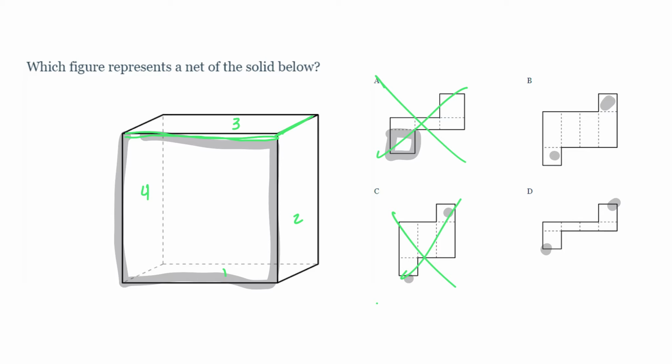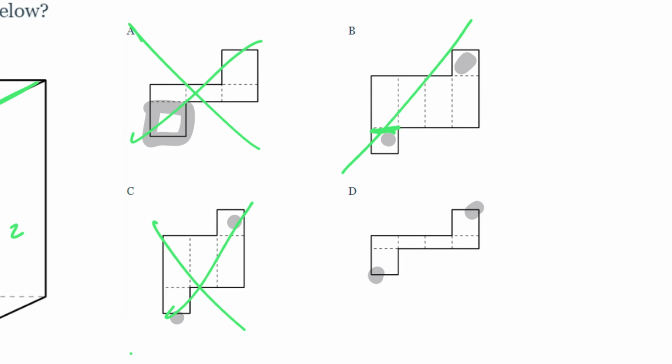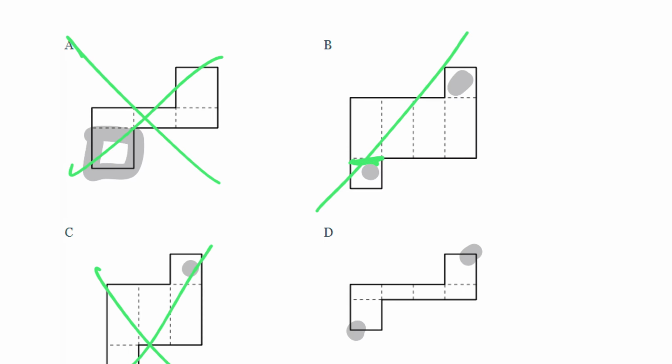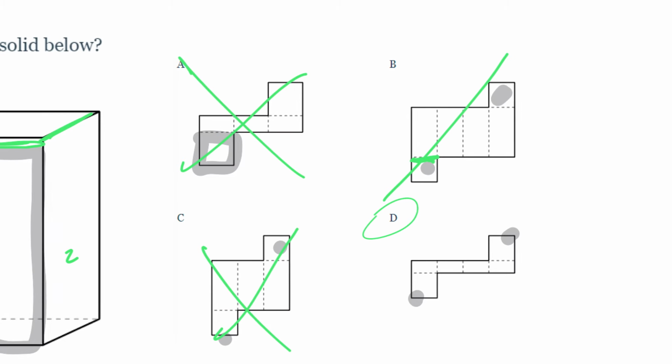On our figure right here, you can see the small edge of the rectangle is running into the square. We need the small edge to run into the other rectangles. We need the large edge to touch the squares, excuse me. So B is not what we're looking for because the large edge of the rectangle is touching more rectangles. So the only answer we have here is D.